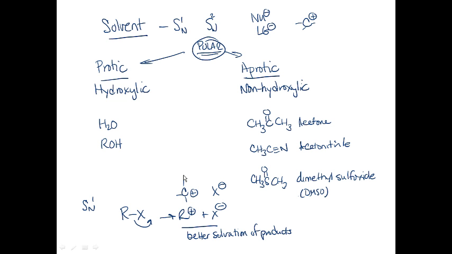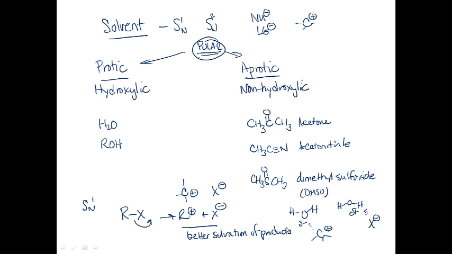Well, it turns out that the ones that can solvate the best are your water or your alcohol, where the delta minus oxygen can interact with the C plus, and by the other way, the delta plus hydrogen on the water can interact with that halogen leaving group.